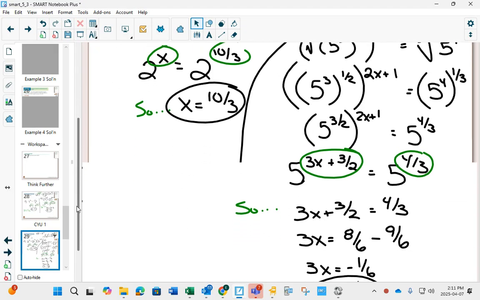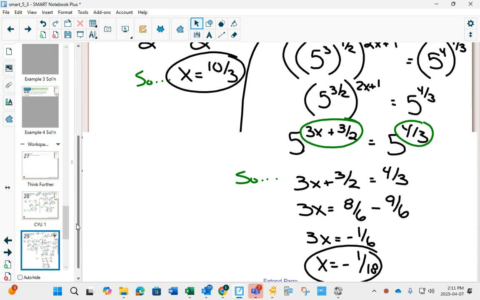And we combine all of those laws until we get to this point, where we have the same base, but different exponents. But if both sides have the same base and they're equal, it makes sense that the exponents would have to be equal. So we just make the exponents equal to each other, and then it's simple math to solve from there.